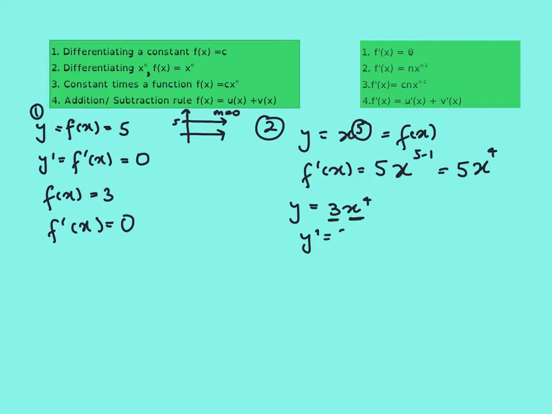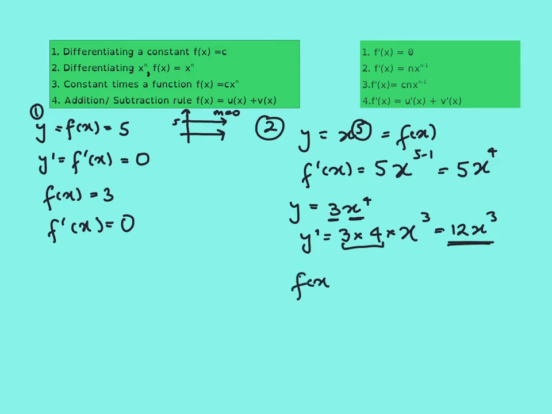So it's just going to be 3 times 4 times x, and now the power is going to be decreased by 1. So this 4 will be decreased by 1, 4 take away 1, it will be 3. If you do want to simplify this, you can say 3 times 4 is 12, 12x to the power of 3.